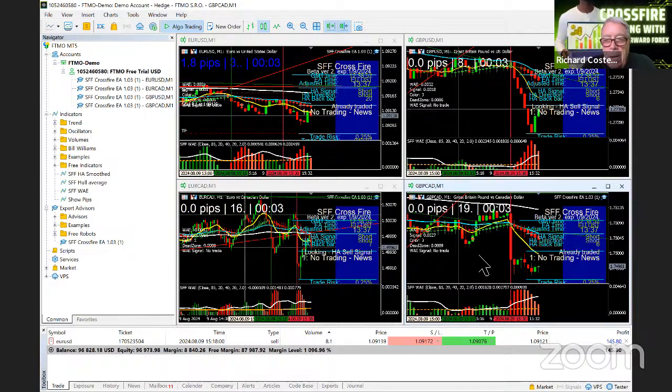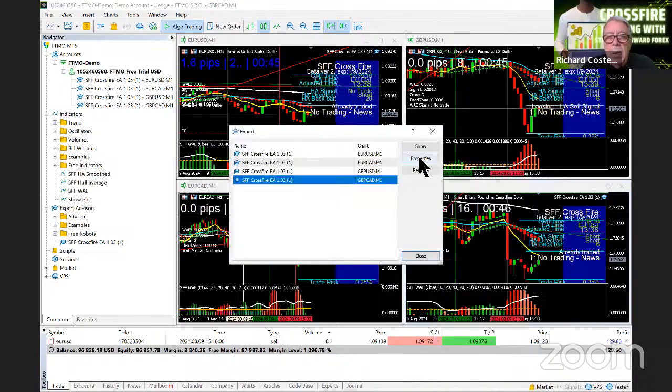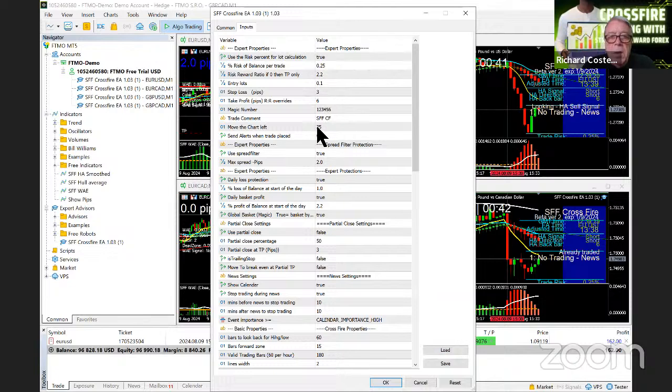But what have I done there? I've moved it too far. Let me go back to expert lists. You see how these candles are getting hidden by this panel. You can change that. Instead of 35, I can change it to 50.